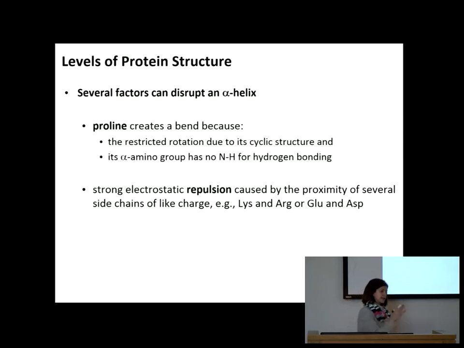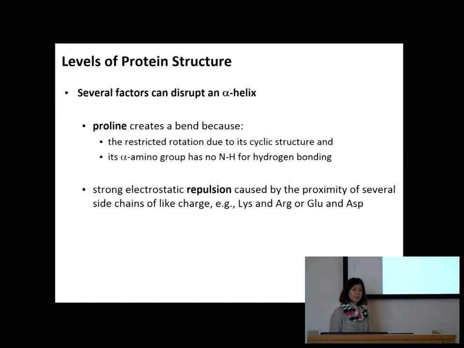Remember, I said that on the outside of our alpha helix, the R groups are pointing out. If 2 R groups that are pointing out come close to each other that have similar charge, they're going to repel each other, and that can disrupt the alpha helix.